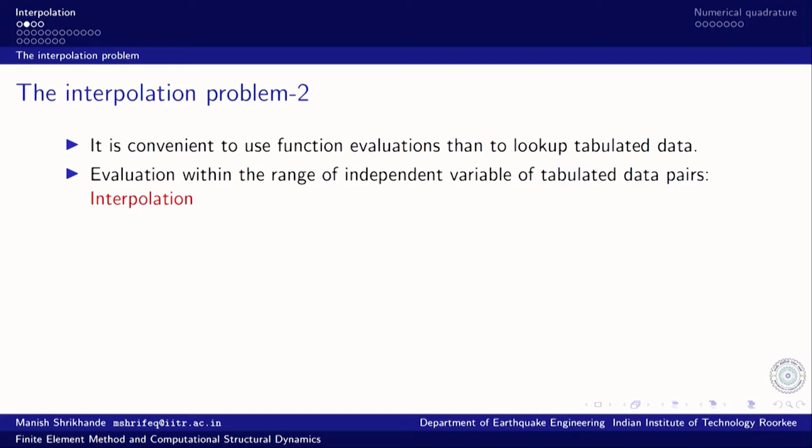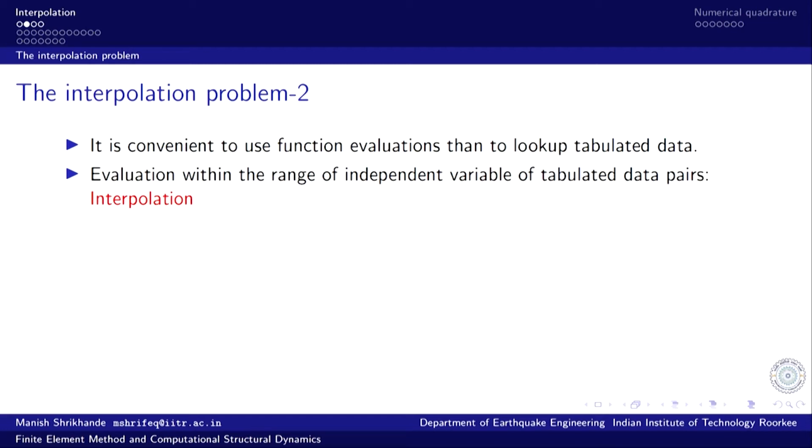So, it is convenient for us to use function evaluation rather than looking up a set of tabulated data points, and evaluation within the range of whatever data has been provided. If we evaluate the function in between the range where the sampling is done, then the problem is called interpolation.